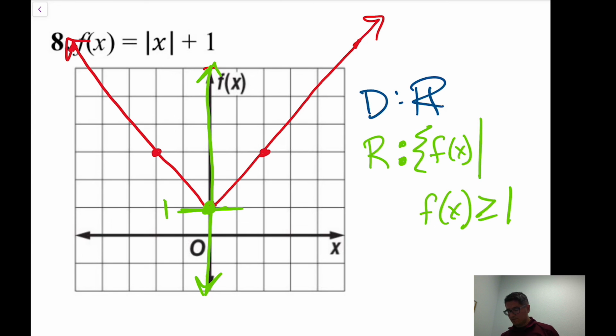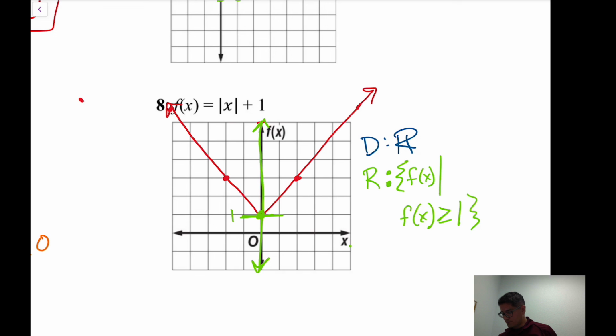This function does not begin to exist until 1, greater than or equal to 1, and that is my range. And then I close my set. I would actually write that over here, f of x such that f of x is greater than or equal to 1, close set, and that's that.